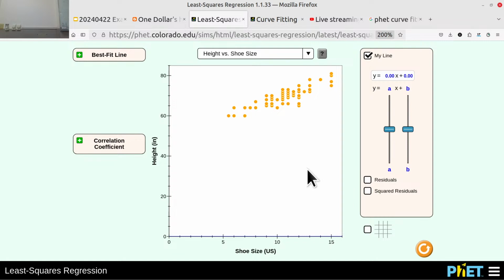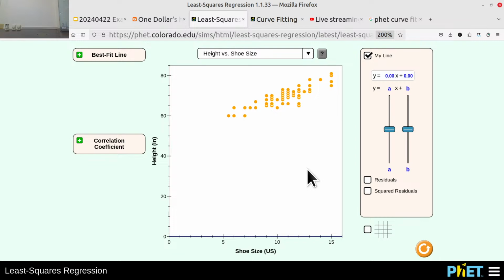On the x-axis is shoe size in the U.S., maybe number 5. For example, my feet are not big, so I wear shoe size 7.5, and my height is in inches. Okay, I forgot that here.